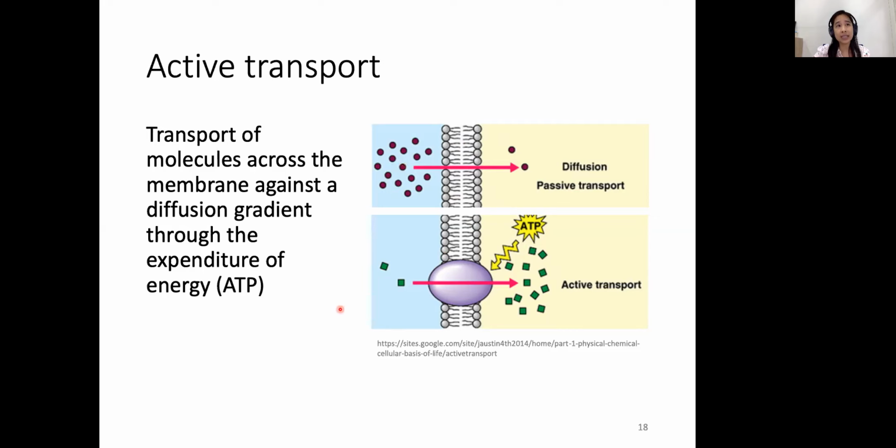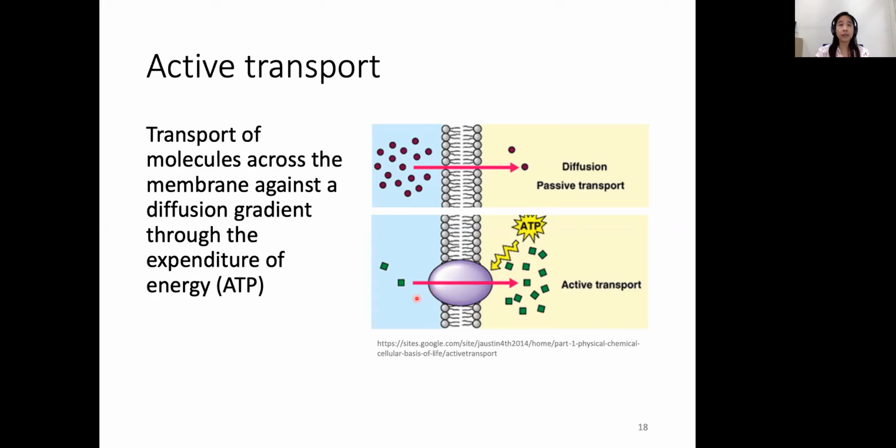But in active transport, the direction of movement is against the concentration gradient, and it cannot occur spontaneously. It needs ATP, or energy, to move the molecules from lower concentration to higher concentration.